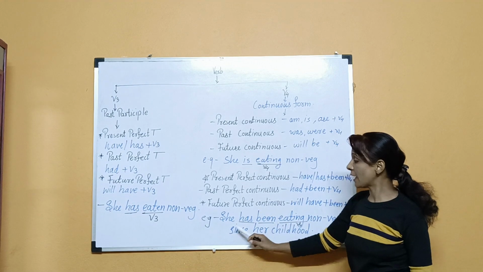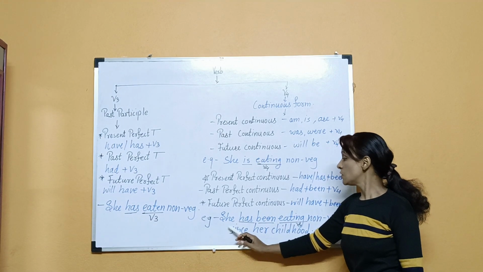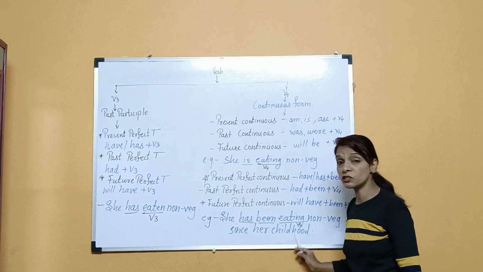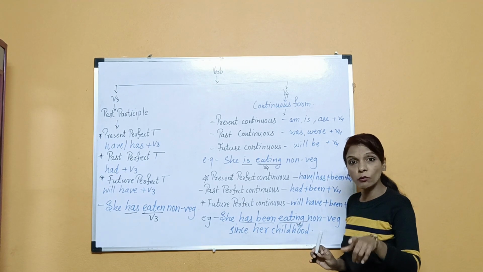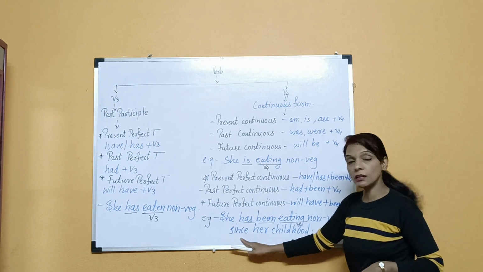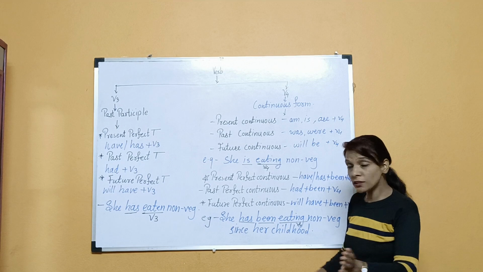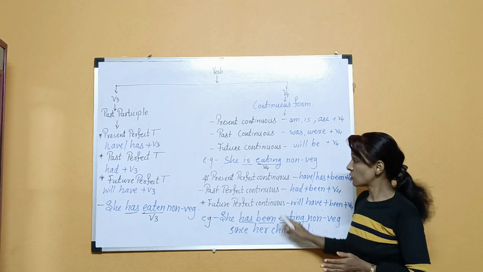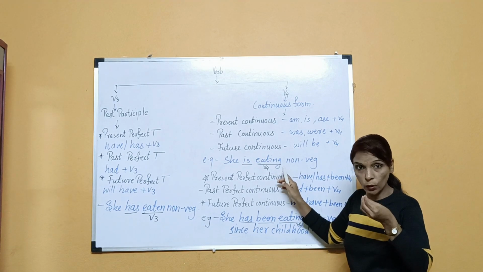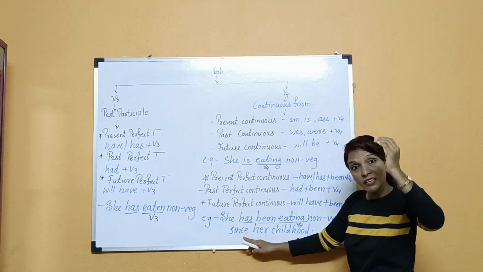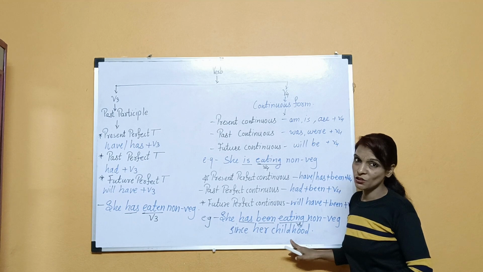For example, I have written here again one sentence. She has been eating non-veg since her childhood. So here they have given us the particular time since when she has been doing the action, since when she has been eating non-veg. Here her action is going on, she is eating non-veg, and the action she has been carrying on since her childhood.